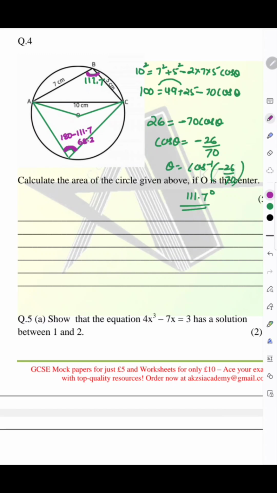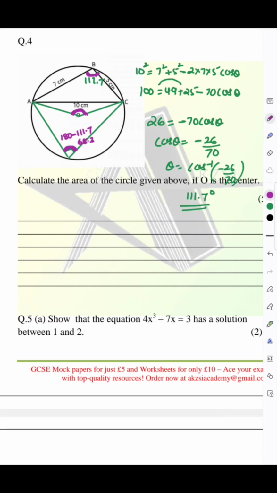Same, this AC is an arc which is subtending an angle at the circumference, which is 68.3. So at the center it would be twice. That means this whole angle will be 68.3 times 2.